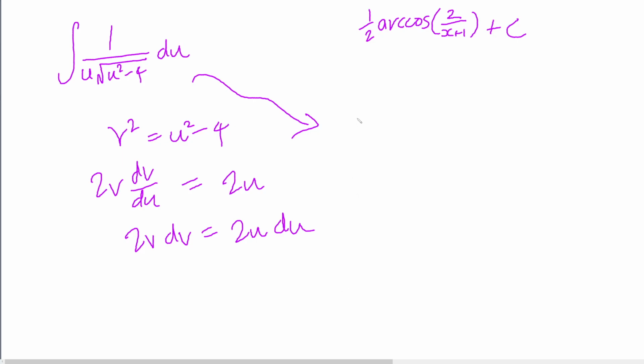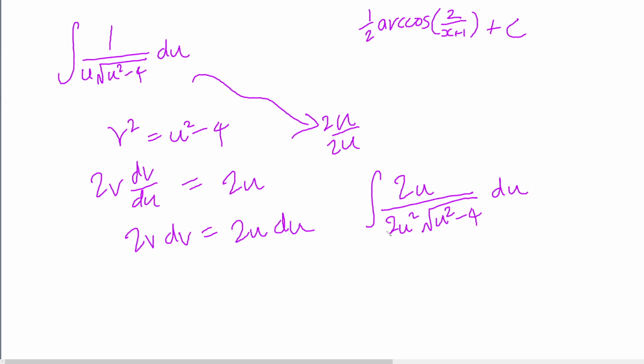So anyway, if you multiply both sides by this fraction u over u, or maybe 2u over 2u, because we want 2u on the top, we get the integral of 2u over 2u squared times the square root of u squared minus 4, du. And this 2u du is 2v dv, as I said earlier. This v squared is u squared minus 4, and u squared is v squared plus 4.